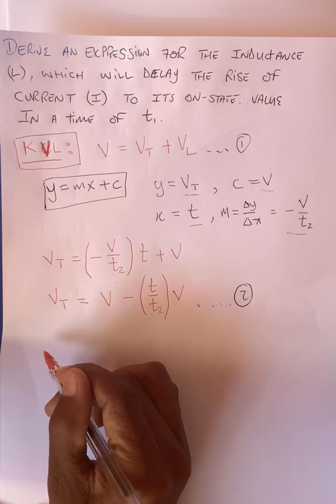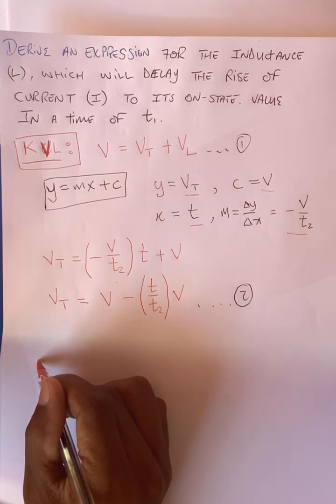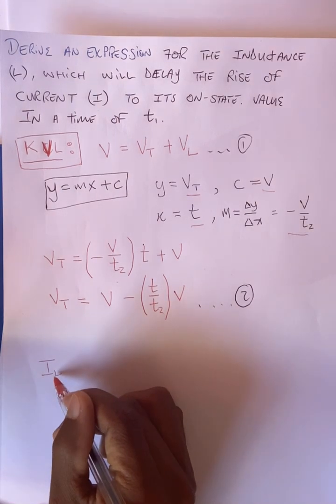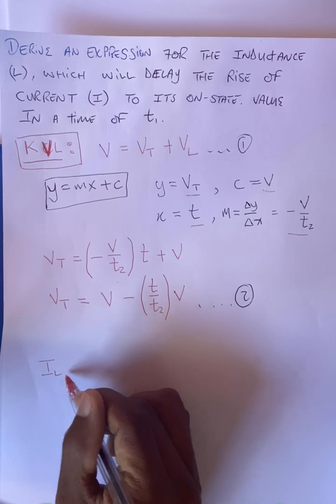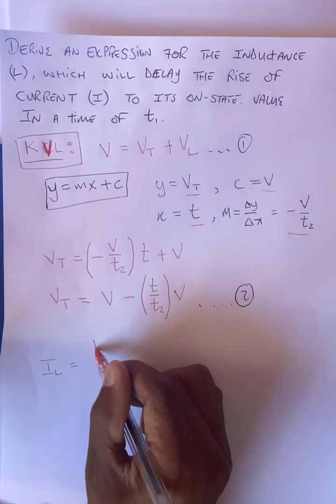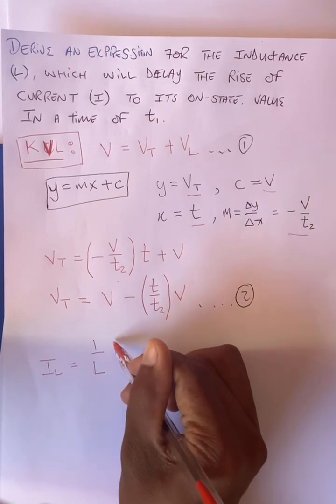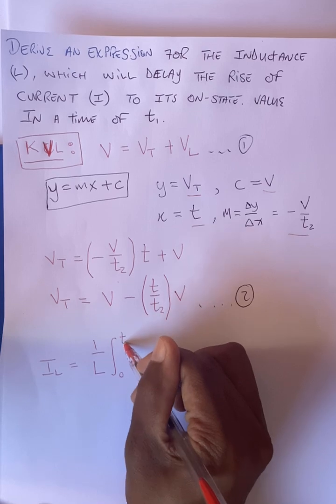So what's happening there now is we are going to take, in this case, IL. Why IL? Because it's the current going via the inductor. So the formula for this now is basically 1 over L, and it goes from 0 up until T1. Now why does it go up until T1?